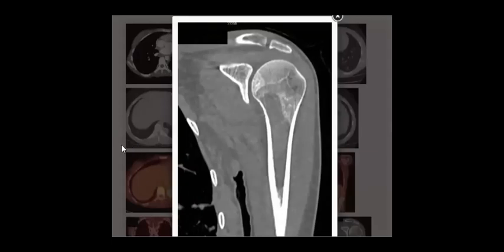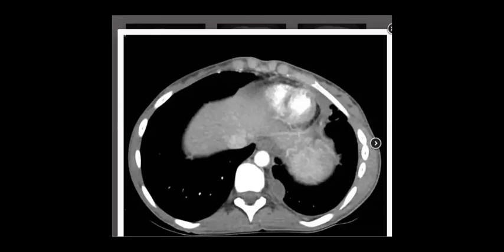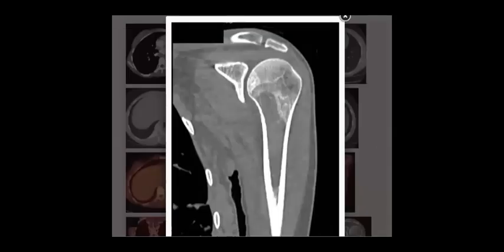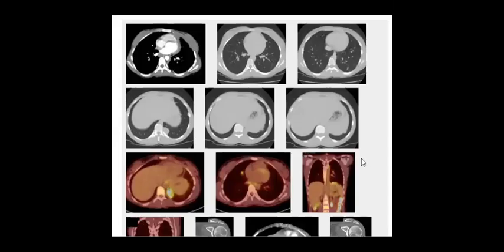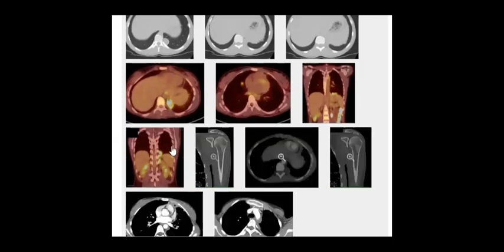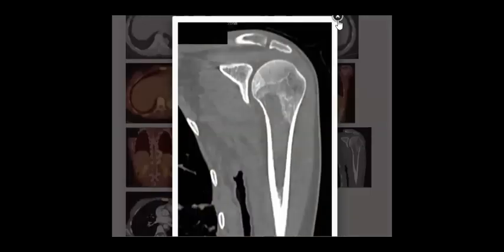So if I told you that this patient is a female and she already has a left breast mass, do you agree that it could be metastasis from left breast cancer? You can see also the peritoneal nodules or peritoneal invasion.